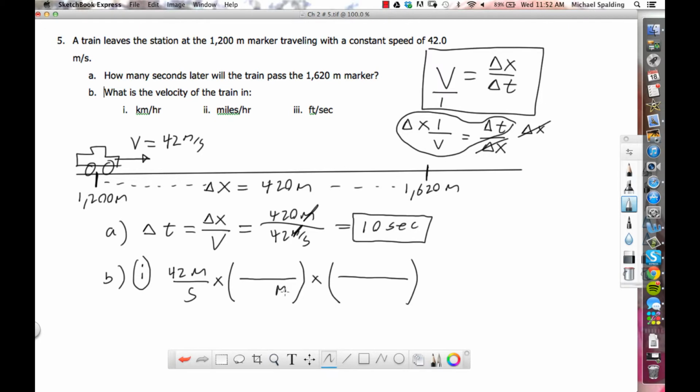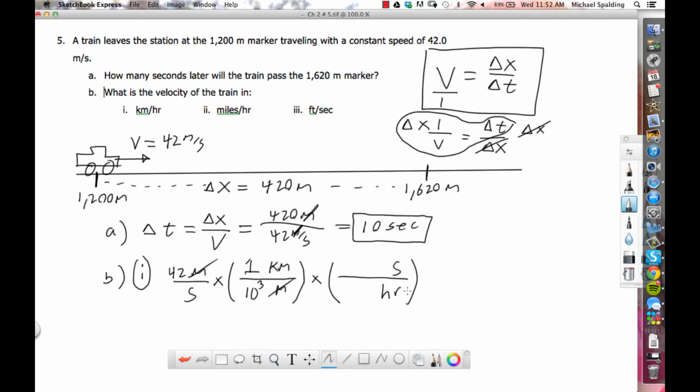So we put meter on the bottom, kilometer up top, and then the conversion there is 1 kilometer is 1,000 meters. So meters cancel. And now we put seconds up there to cancel the second, and then hour in the bottom. And there's not 60 seconds in an hour. A lot of kids made that mistake.